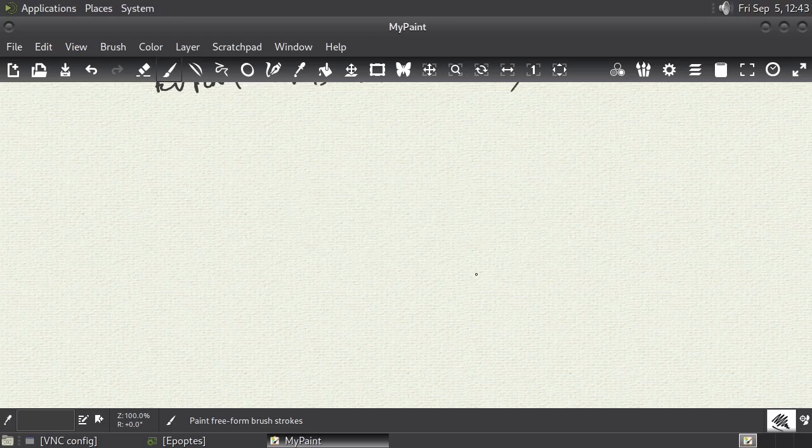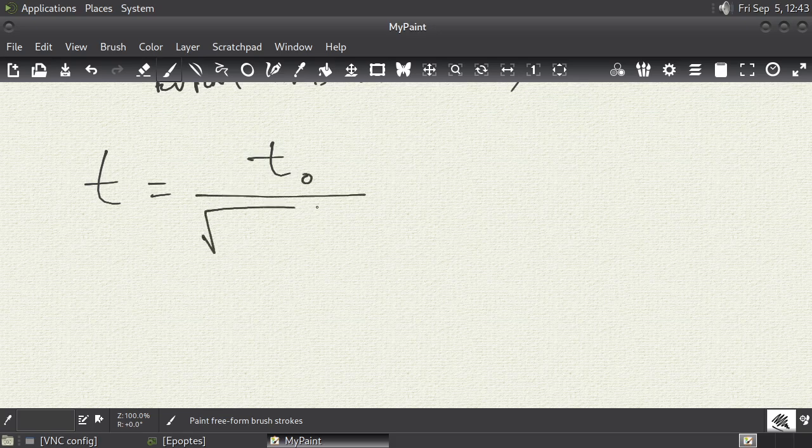All right, there's an equation that describes time dilation. I'm going to write it down, and then we'll go through and try to figure out how it came about. It says T is equal to T naught divided by the square root of 1 minus v squared over c squared.